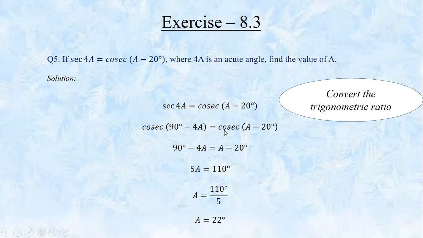Two trigonometric ratios are equal, so we can equate their angles. 90 minus 4a is equal to a minus 20. So 5a is 110. Solving, we get a as 22 degree. We have found the value of a in this question. Again, here 4a is given as the angle, which is an abstract number. So we convert the trigonometric ratio first.